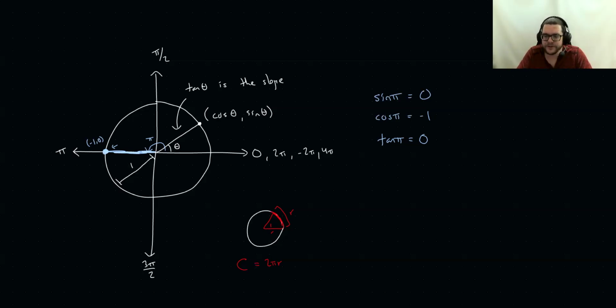And another point here is that this isn't just useful for when they ask me what this is equal to. Sometimes you do work in calculus or in math in general, and you'll have terms like these popping up in your work. You'll have sine of pi, tan of pi, or sine of some other angle.